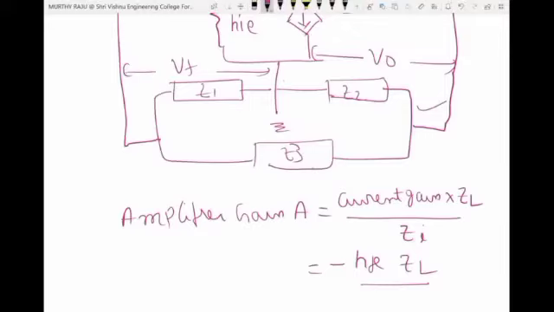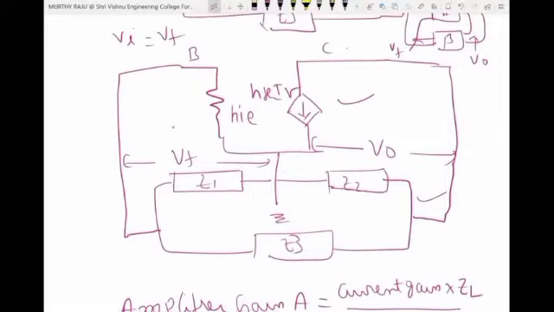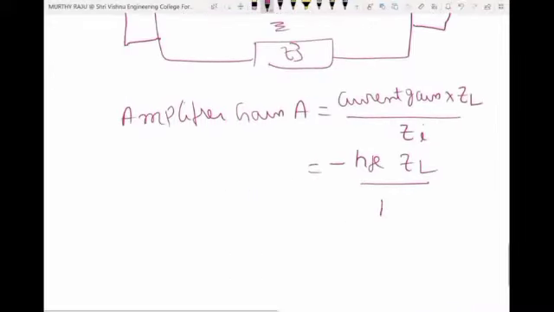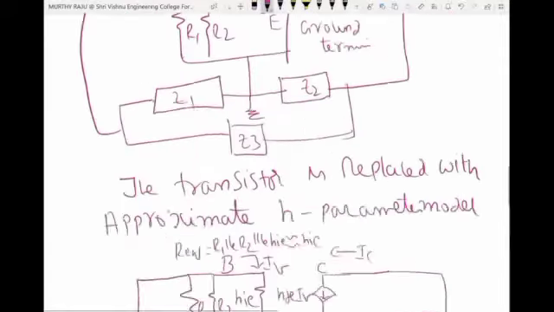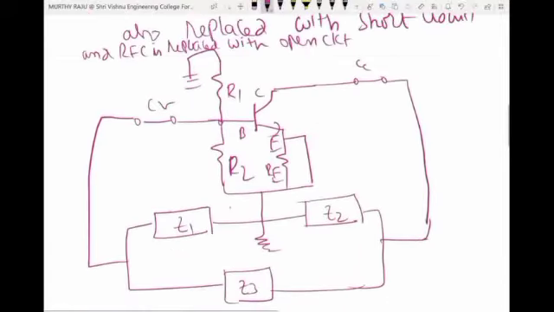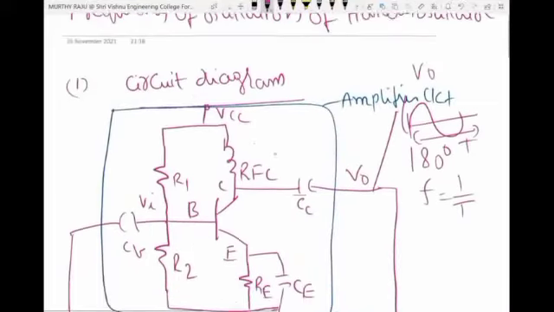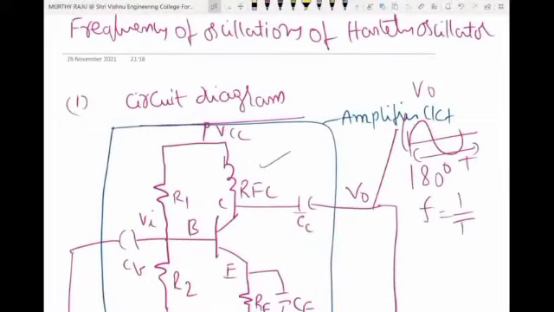ZI here is HIE, because in the original circuit diagram the transistor is in CE configuration.